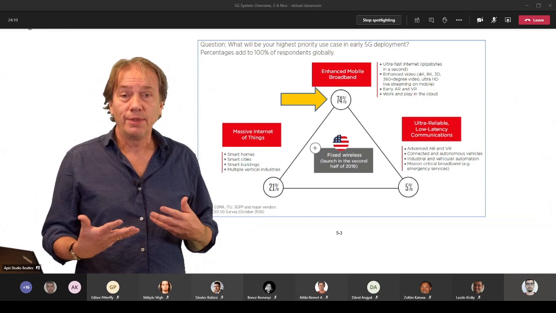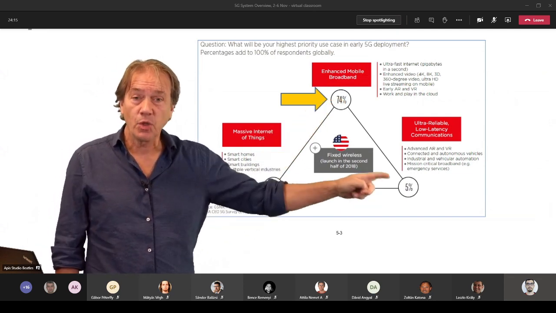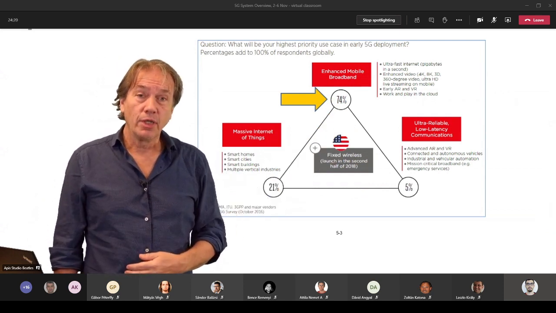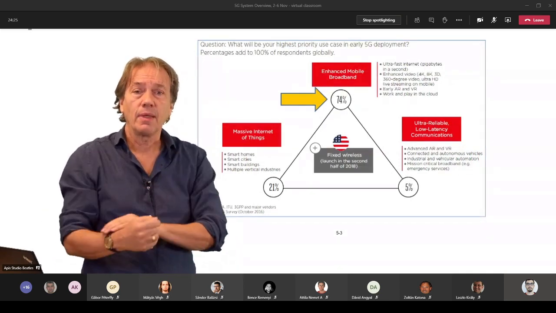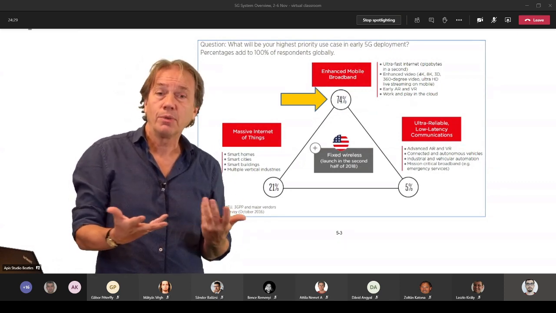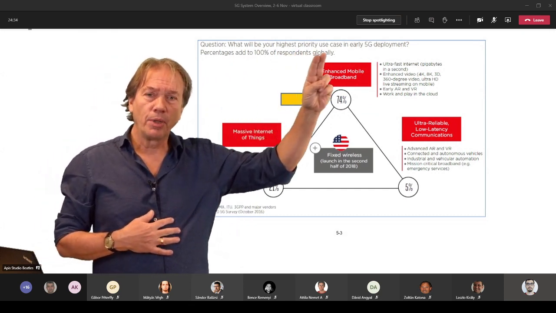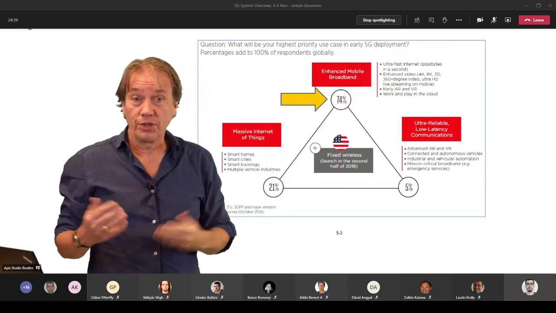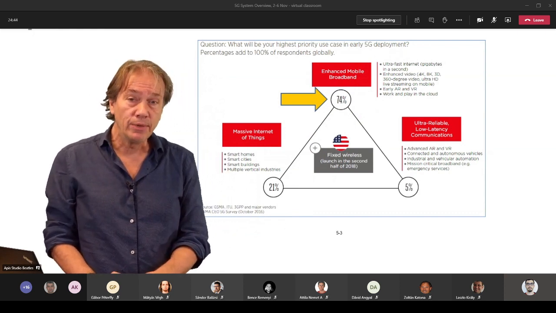Maybe you remember this type of triangle with the three main use cases in each corner. And a couple of years ago, there was a survey, and operators were asked, when you roll out 5G, what will be your first focus? So the question was, what will be your highest priority use case in early 5G deployment? And of course, most operators said that we will focus on the eMBB use case.